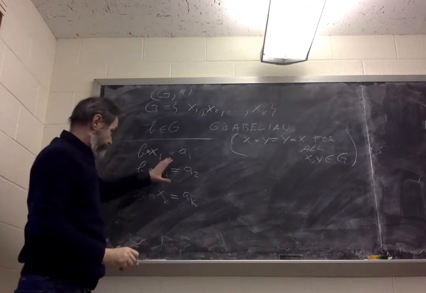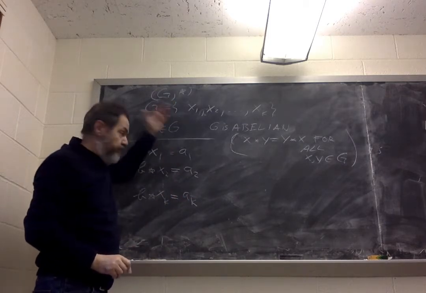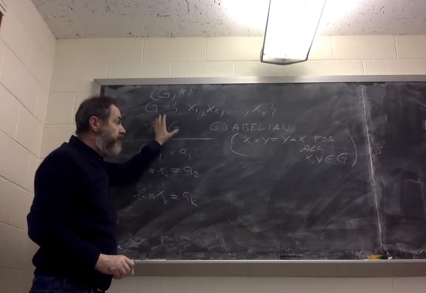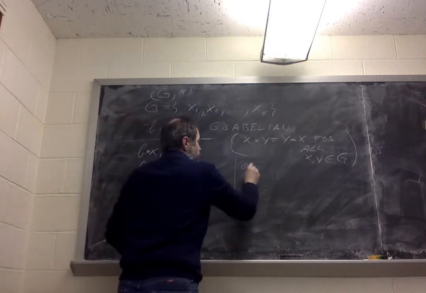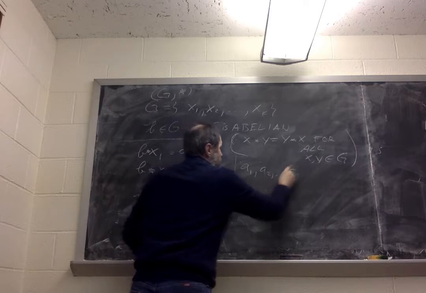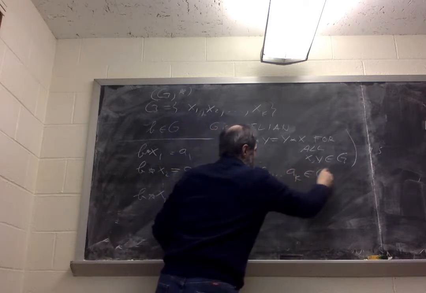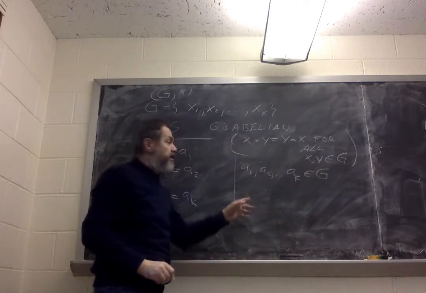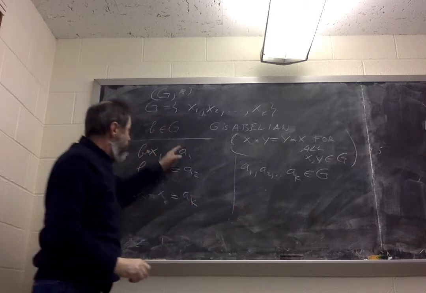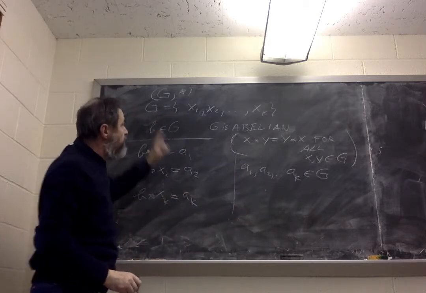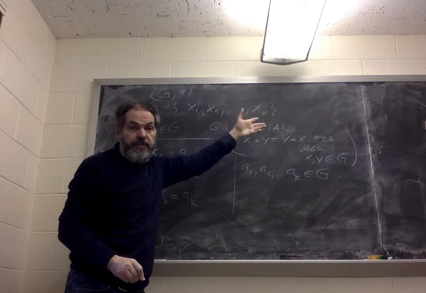All we know by the fact that this is a group is that these are elements in the group. So a1, a2, ak are in the group, but we don't know yet that they are different. Each one of them is one of those xj's, x1, x2, xk.